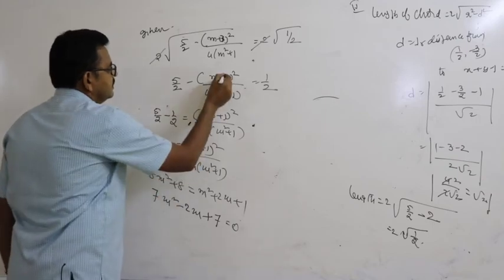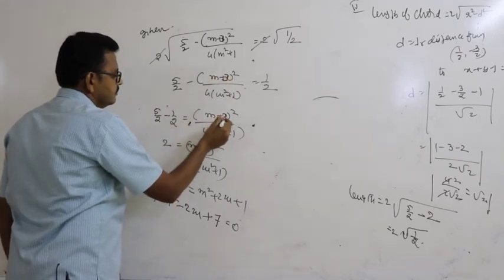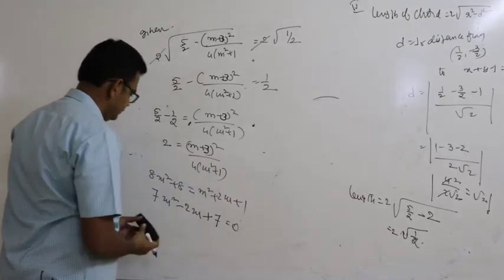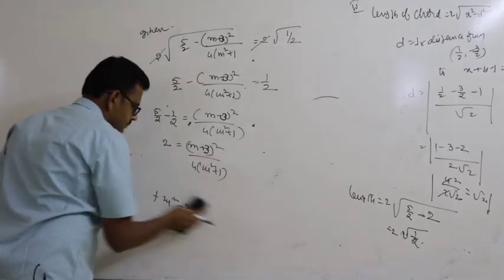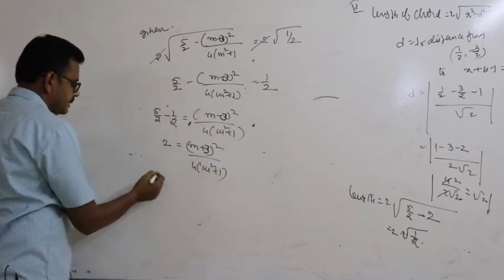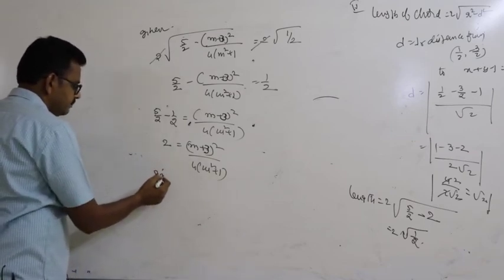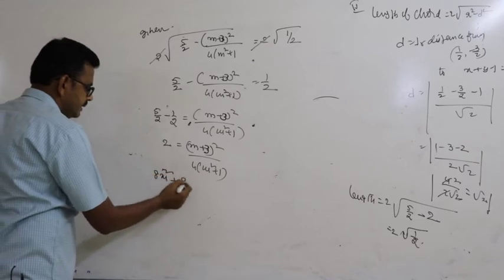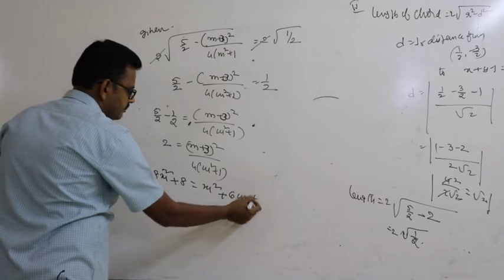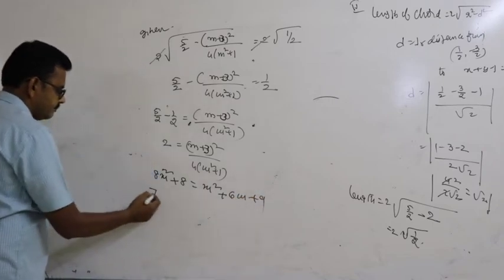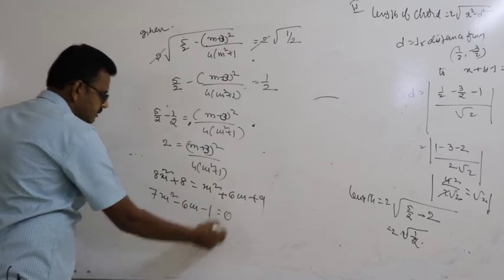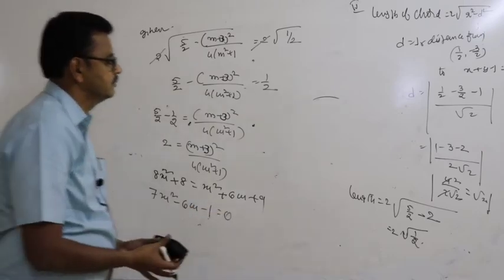Make it as 3. Now cross multiplication: 8 m square plus 8 is equal to m square plus 6m plus 9. You take this side: 7m square minus 6m minus 1 is equal to 0.